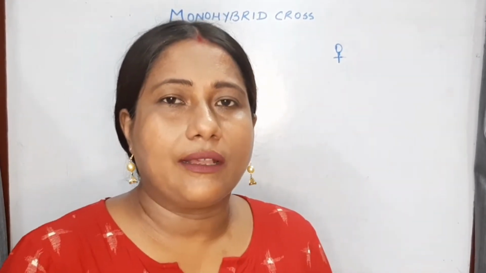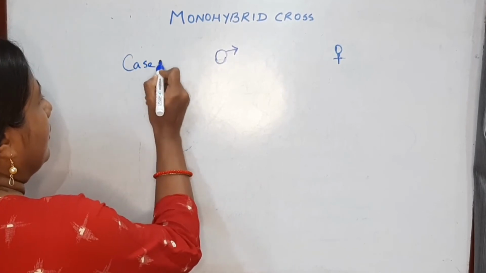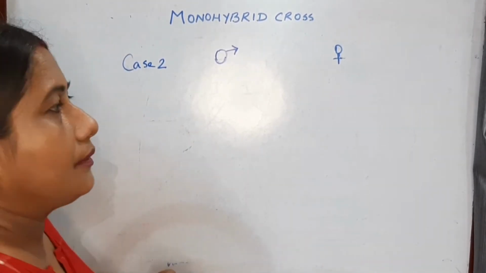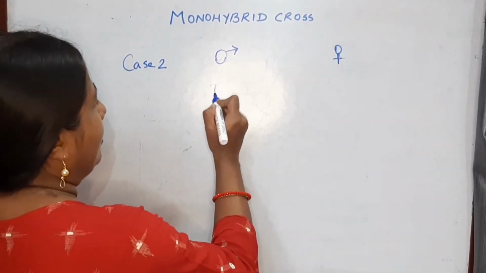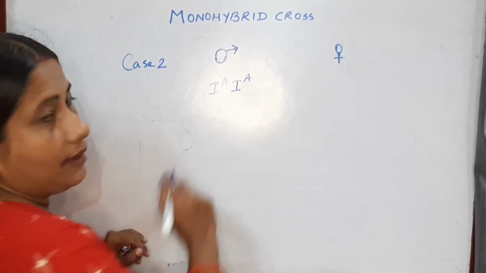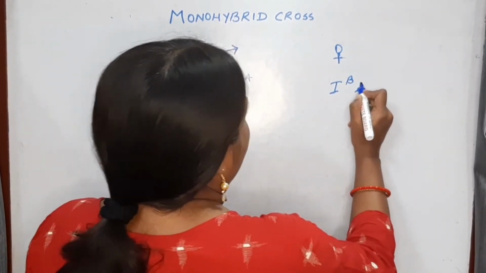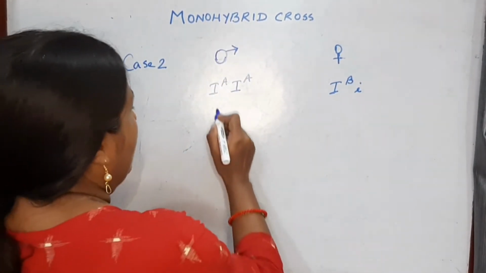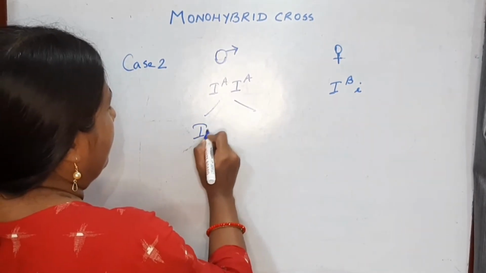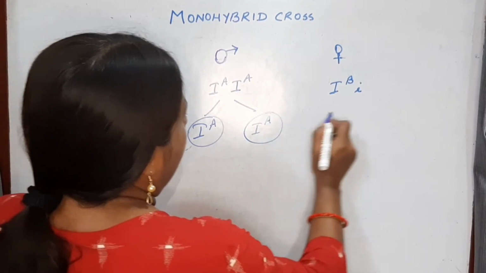So here I am with the second case, case 2. What is case 2? Case 2 is the man homozygous A, but the female is heterozygous B. So the gametes will be like this.